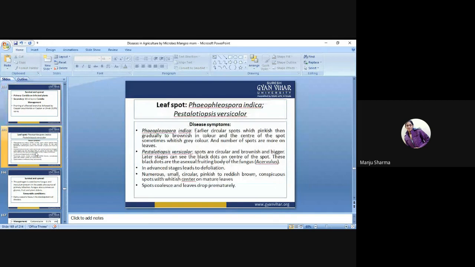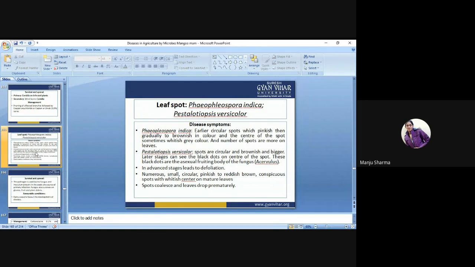Then the leaf spot, caused by Phaeophleospora indica and Pestalotiopsis versicolor. The disease symptoms of Phaeophleospora indica: early circular spots, pinkish then gradually turning brownish in color, with the center of the spot sometimes whitish gray, and the number of spots is more on leaves.